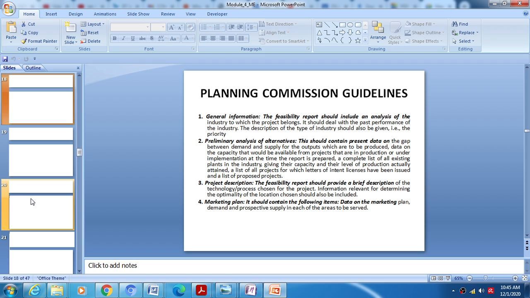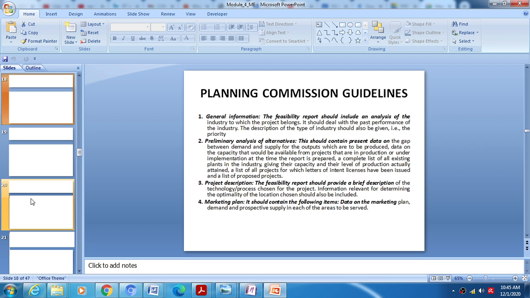The next one is project description. The project description feasibility report should provide a brief description of the technology and process chosen for the project. Information relevant for determining the optimality of the location chosen should also be included.